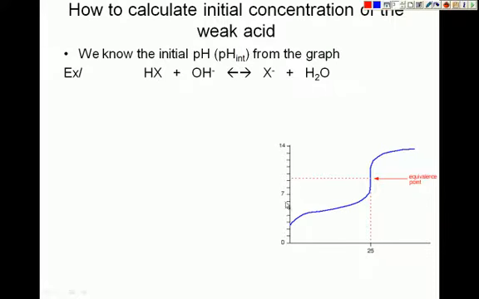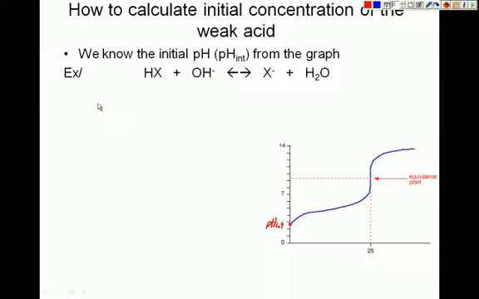What we call this point right here is our initial pH, our pH before any OH is added. So let's take a quick look at how we can calculate that.